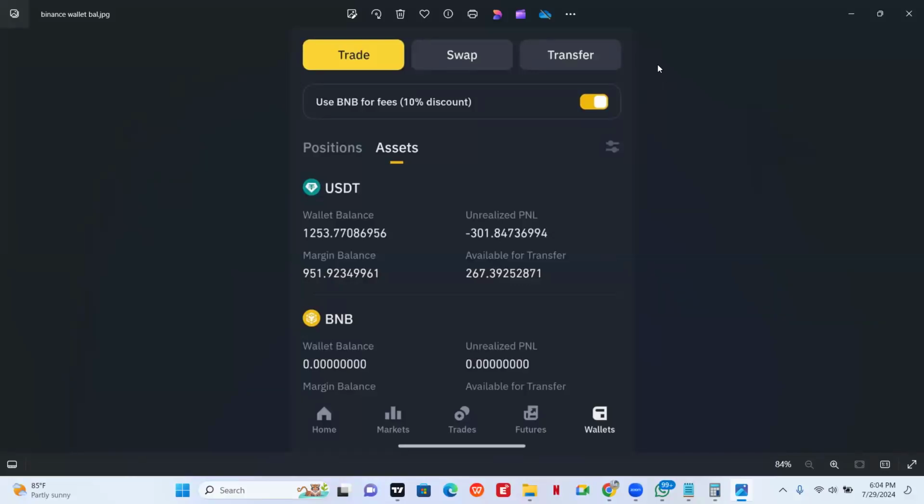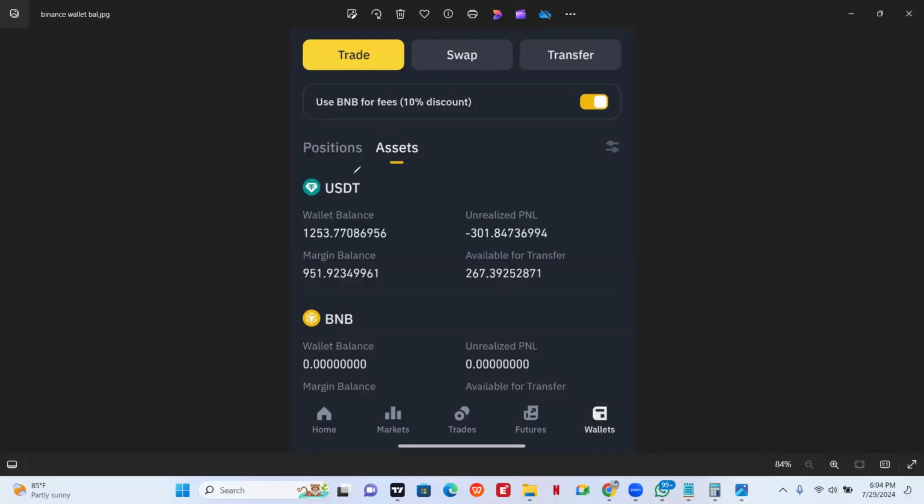Remember, if you're trading using Binance, when you go to the futures, this is the futures wallet here. When you tap on it, you see positions. All right. So if it's on positions, if you want to see this table I have here, you switch from positions to assets.